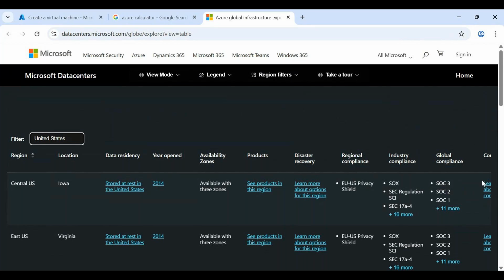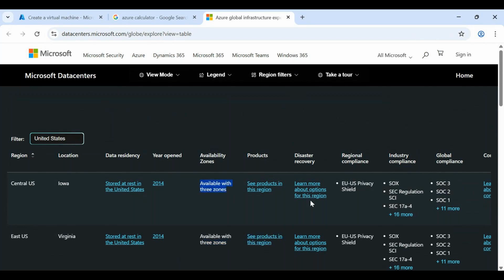They are not going to keep it in a single location in central US. They keep different buildings, different cities. That is called your availability zone. You can see it is available in 3 zones.